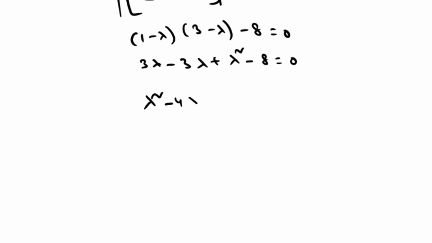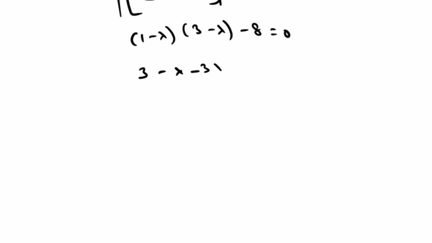Lambda squared minus 4 lambda minus 5 is equal to 0.